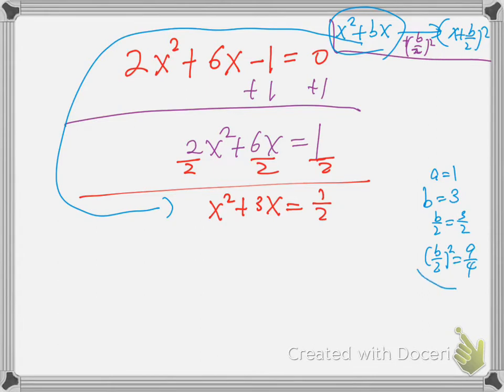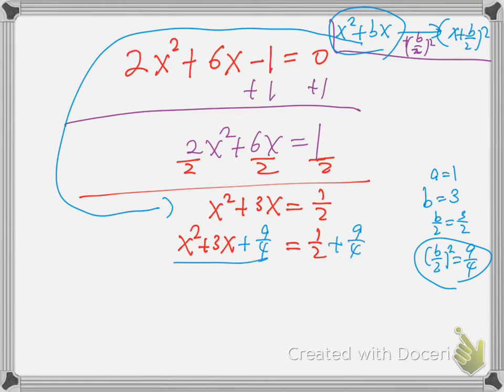So on both sides, we have to add this number, right? So x squared plus 3x is 1/2, and on both sides we want to add this number, 9 over 4. So now we can change the left hand side to this perfect square, x plus b over 2 squared.